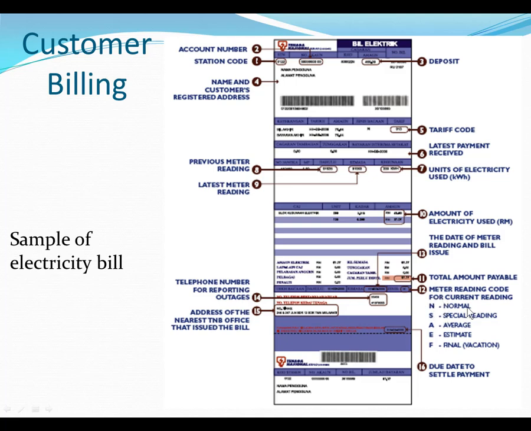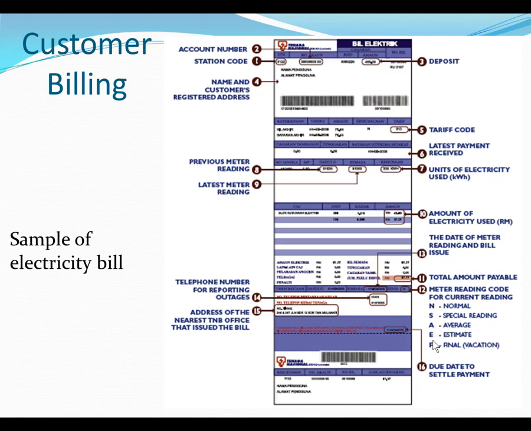So let's say for the normal readings, every month TMB staff will go to your house to read the data. This is normal reading. We have special readings. So we have average, where the staff don't need to go to your house, but they just go based on the average. Sometimes they use estimates. Maybe this is what happened during the MCO, movement control orders, or PKP.